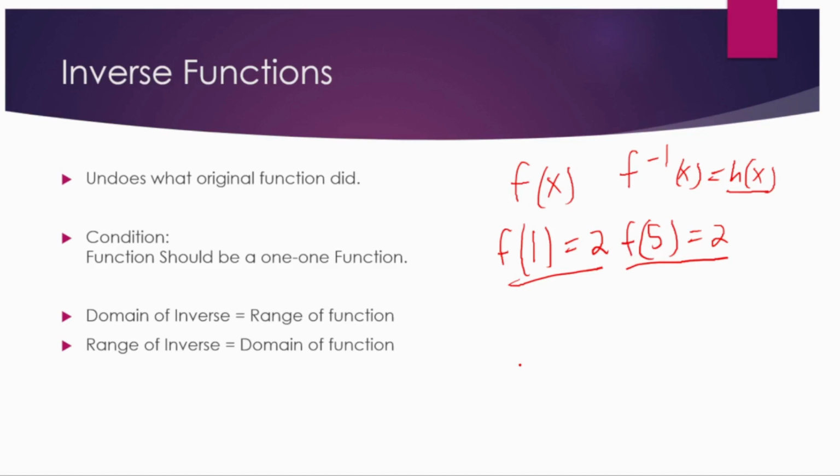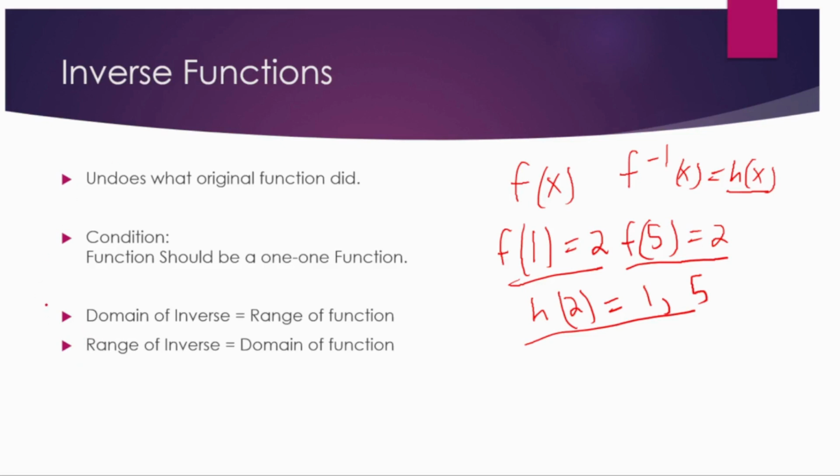So if I was to put in h of 2, it should give me the answers 1 and 5. But this is not a function according to the definition. So this is why we cannot have inverse of functions which are not one to one.